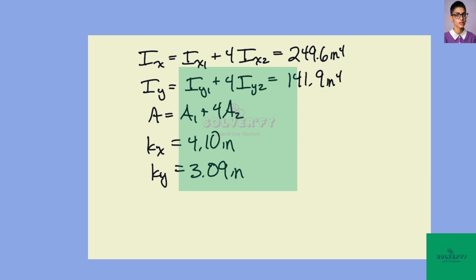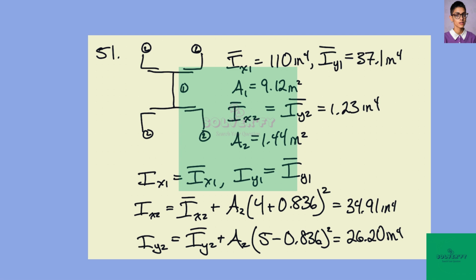And so we get a total area moment about the x-axis of about 250 inches to the fourth, and about the y-axis is about 142 inches to the fourth. So we can see that it significantly increased the area moments of just this I-beam. So we made it a lot stronger.